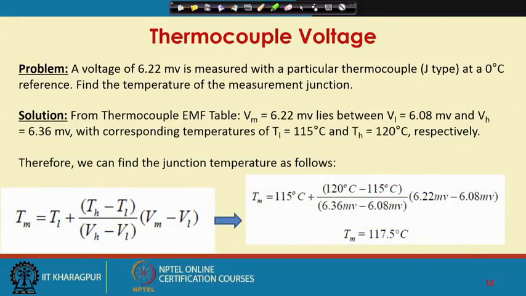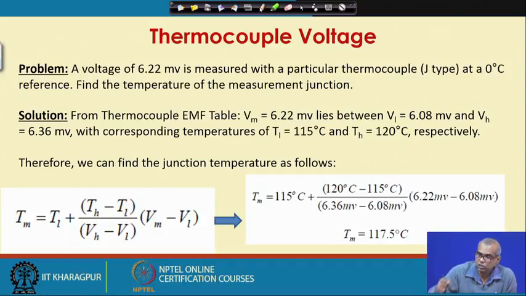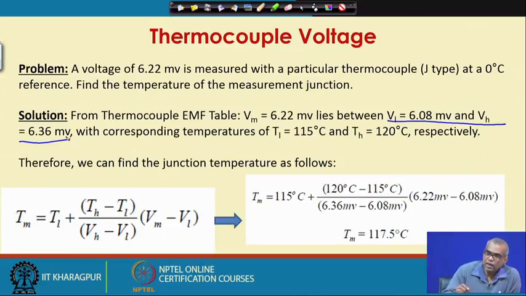From the thermocouple EMF table, we see that Vm equal to 6.22 millivolt lies between Vl equal to 6.08 millivolt and Vh equal to 6.38 millivolt. I do not find any temperature corresponding to Vm equal to 6.22. The 6.22 is not listed in the table, but I see that there is 6.08, there is 6.36 and I have a value in between.